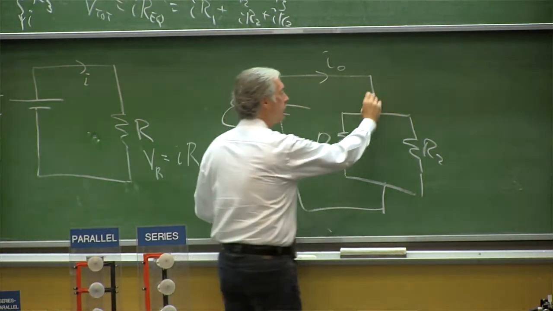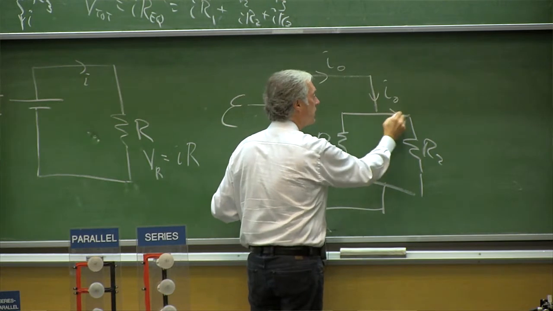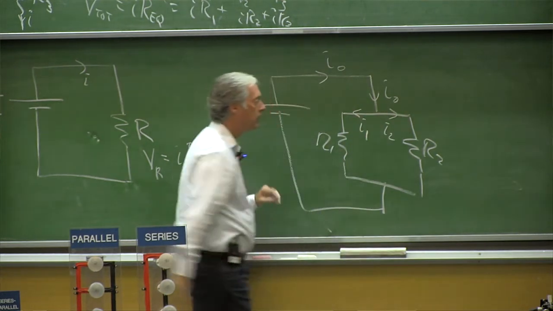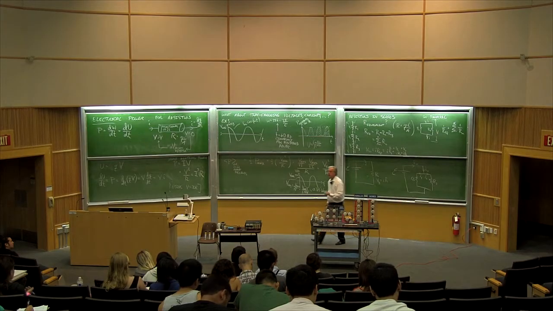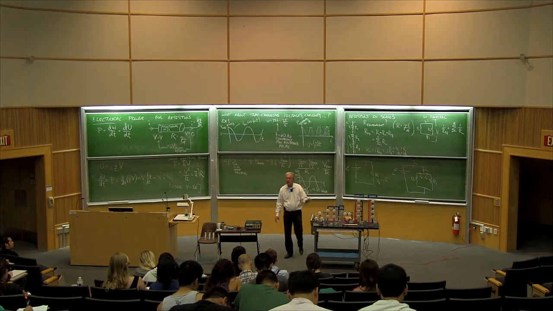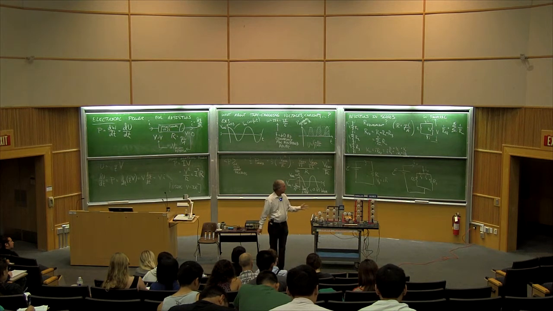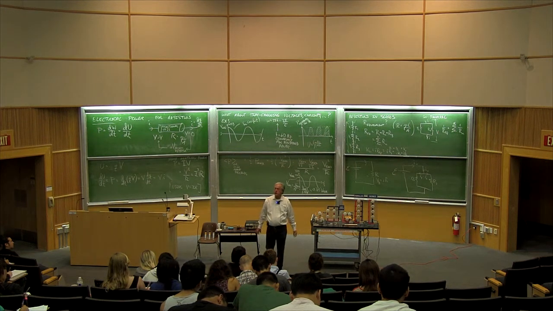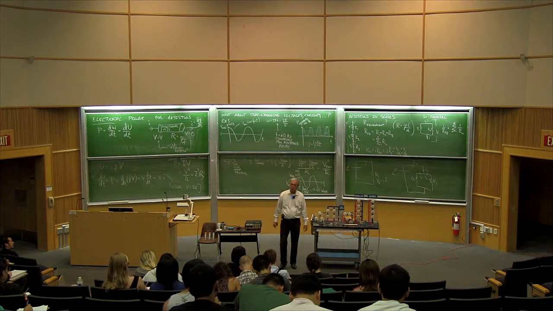When the current arrives here, we have I naught, I2, and I1. What we know by our observations here is that I1 plus I2 equals I naught. So conservation of charge and conservation of energy give us Kirchhoff's rules.